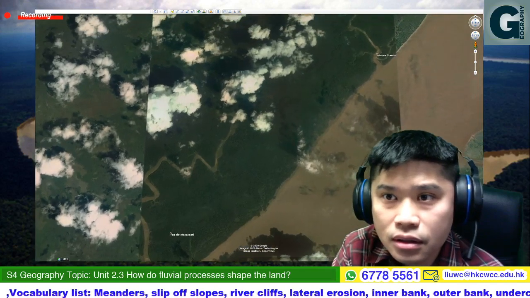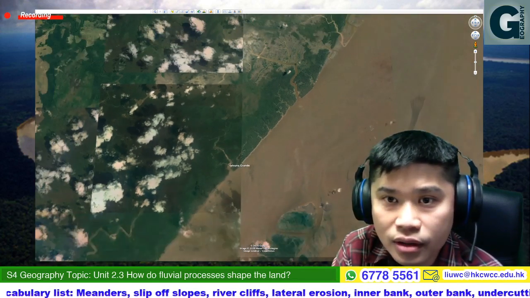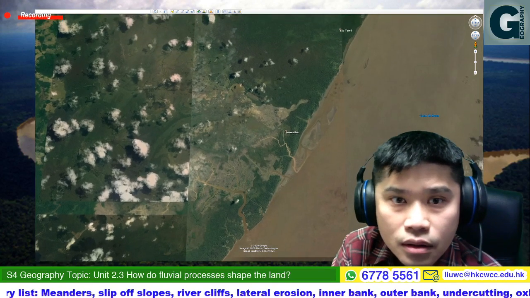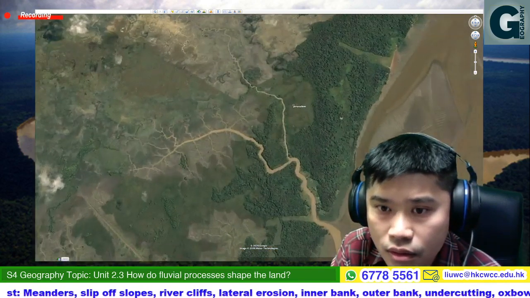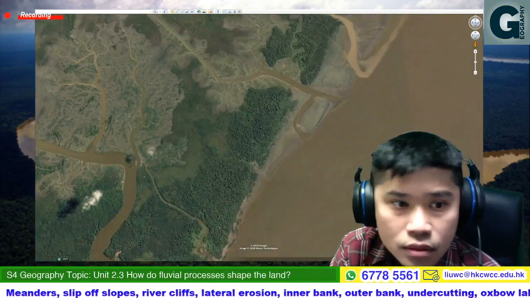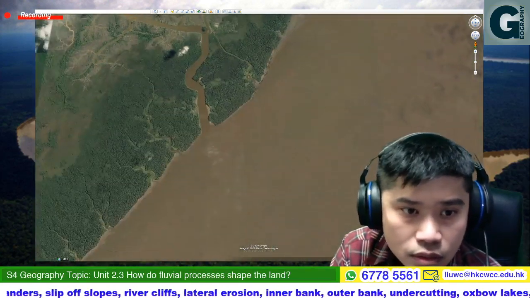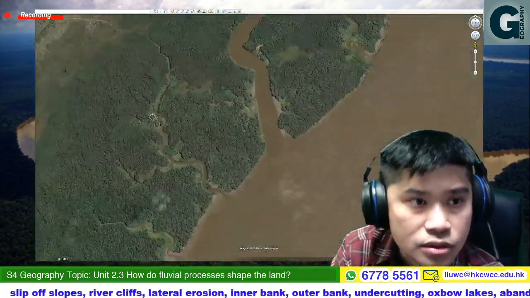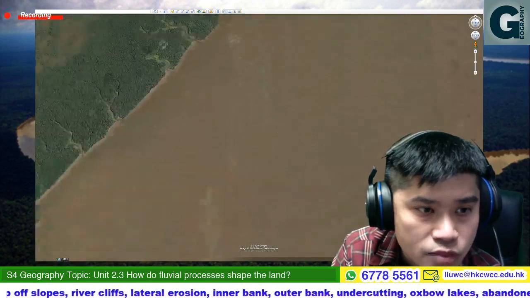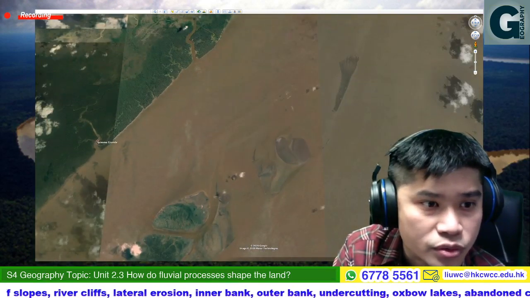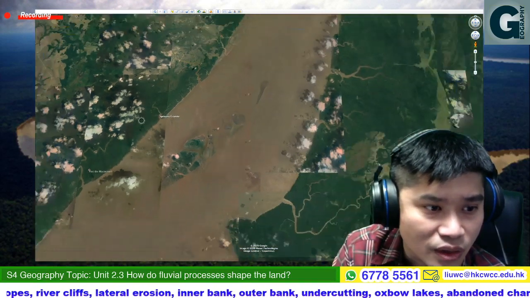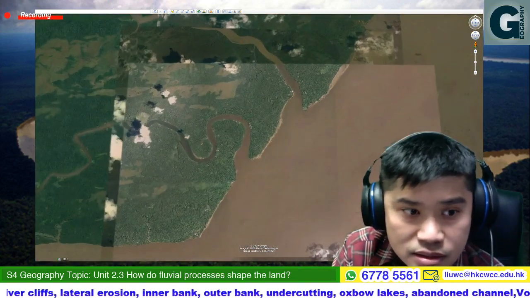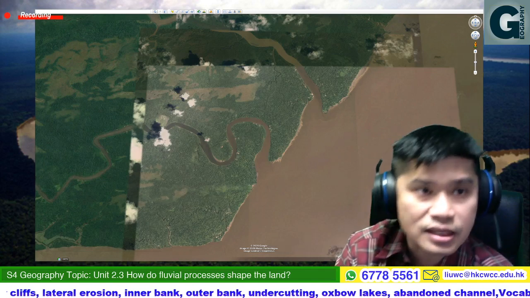Let's see. I think in this part there are not many oxbow lakes, or maybe here would be too large. But we can see some examples like this.